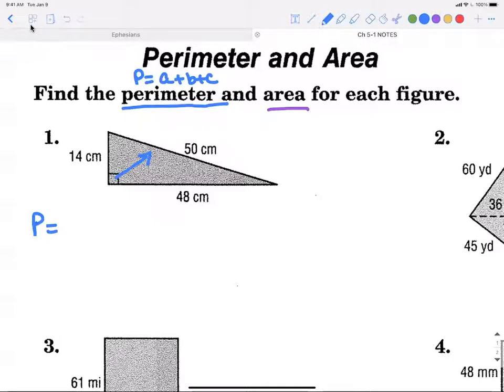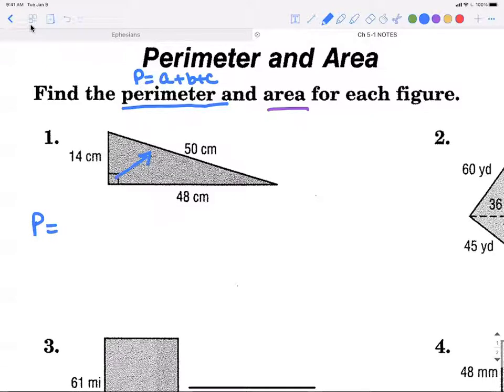That's always C. A and B, it doesn't matter. And honestly, that comes into play when we start doing Pythagorean theorem here in a little bit. So I want to get you used to remembering that the hypotenuse is side C. But for perimeter and area, it doesn't really matter because we're adding them all together anyway. But I do want to get you in the habit of remembering that the hypotenuse is always side C.